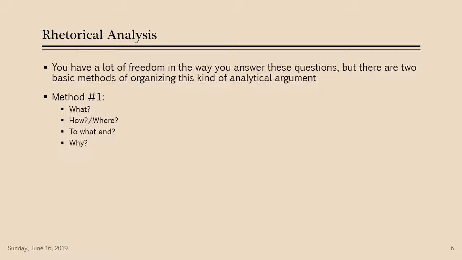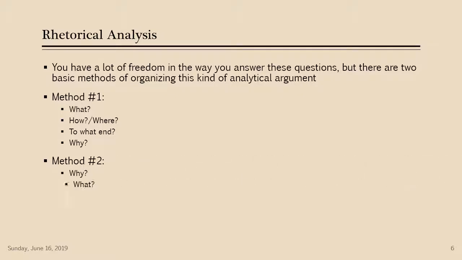Then you provide text evidence by explaining how they go about making that appeal, where it appears in the text. You explain the effect by giving us to what end they are using this particular appeal. And then finally the why, explain the constraints that the speaker was facing that dictated they use this particular appeal.